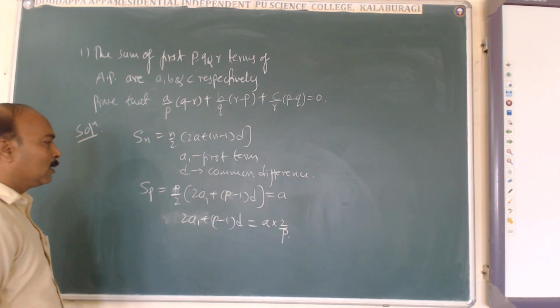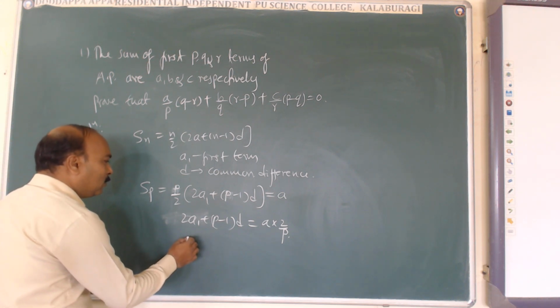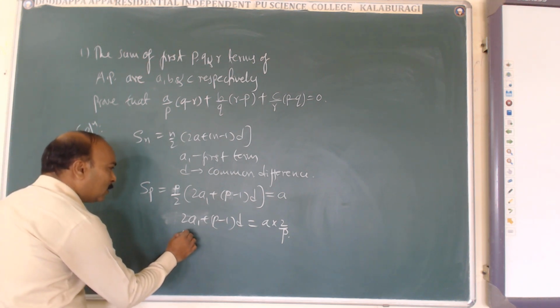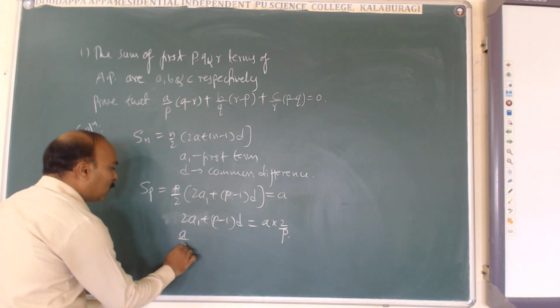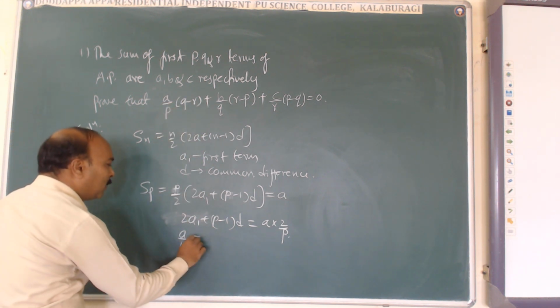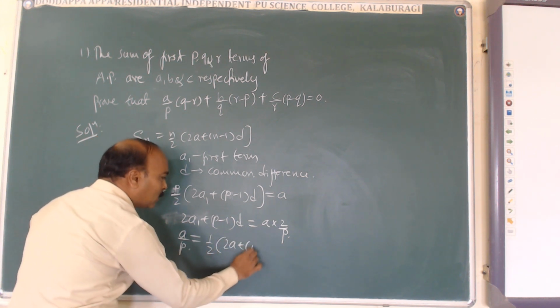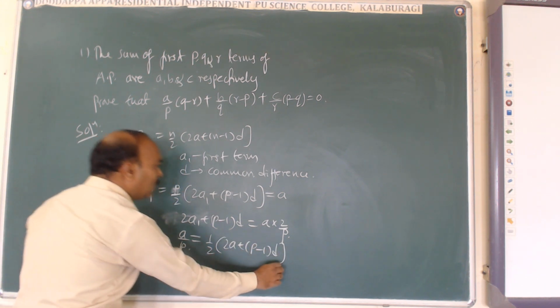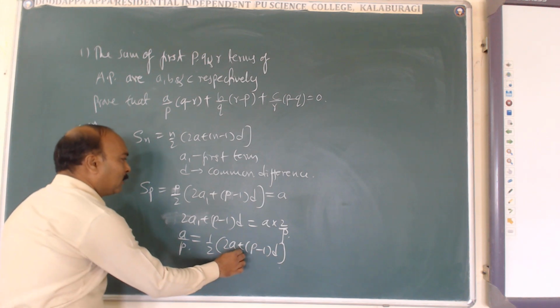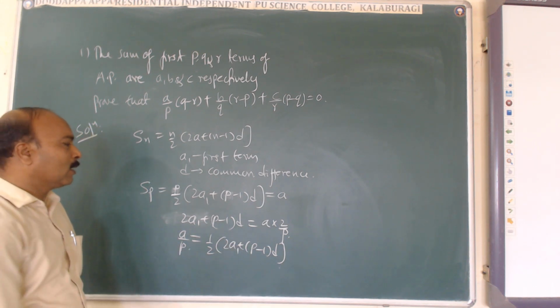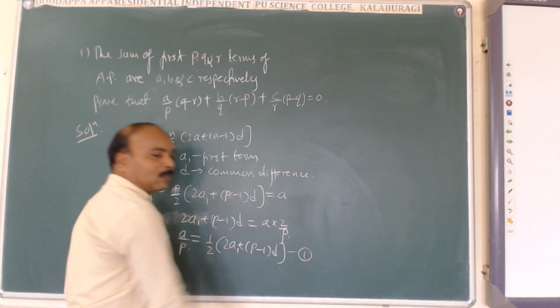In the question you want A by P, so A by P is 1 by 2 into (2A1 plus (P minus 1) into D). Now we call this equation number 1.